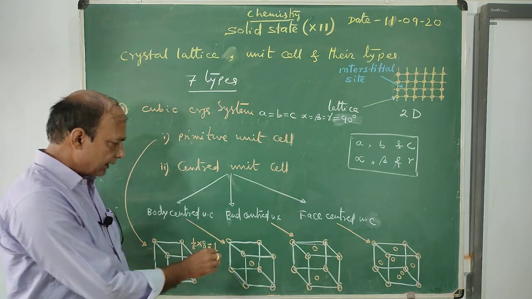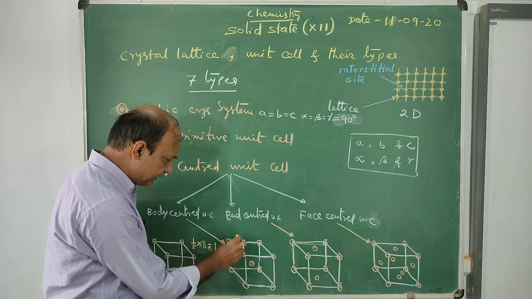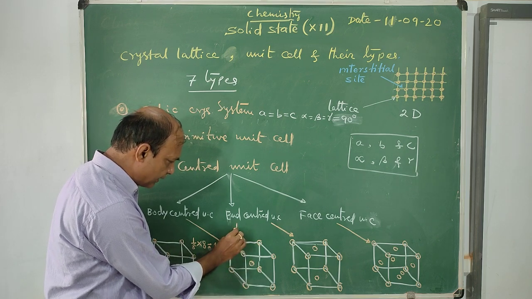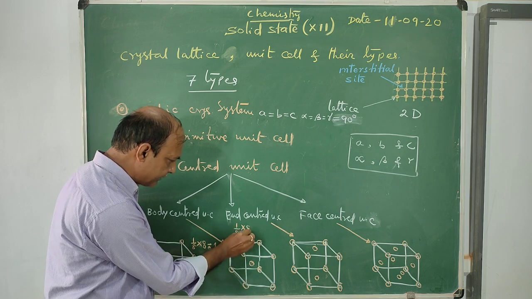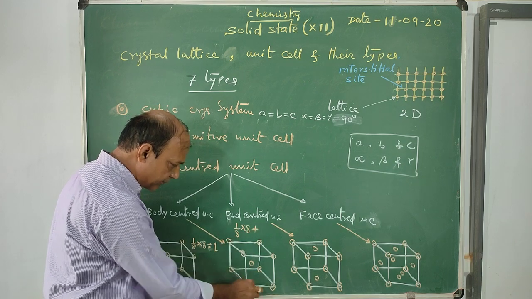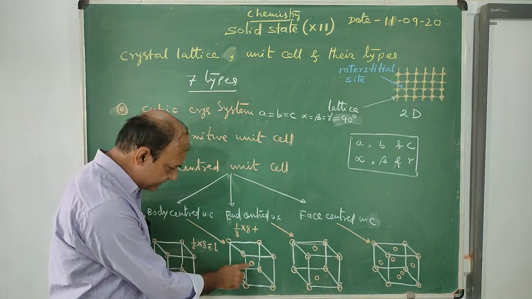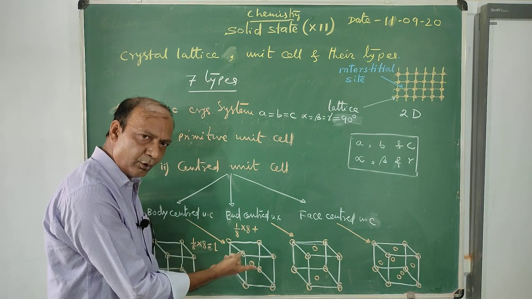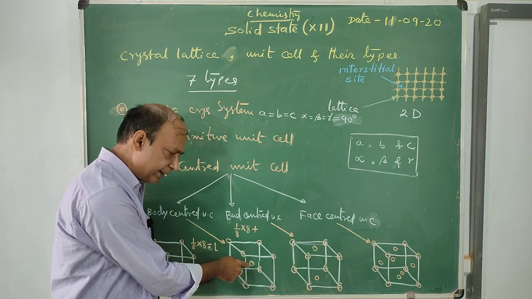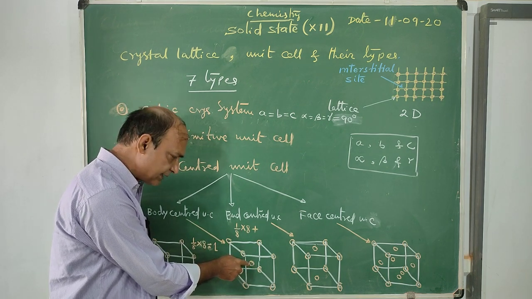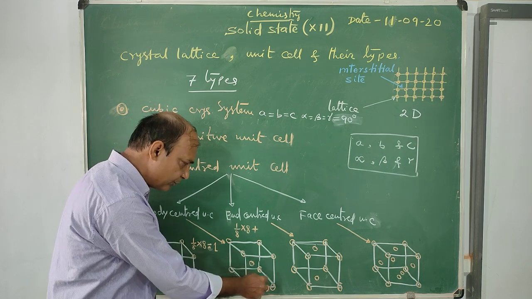Remember it. Now in this case, body-centered, see the calculation: 1 by 8 into 8 for the corner particles, and there is a particle whose contribution is full at the center of the body. It is inside the unit cell.